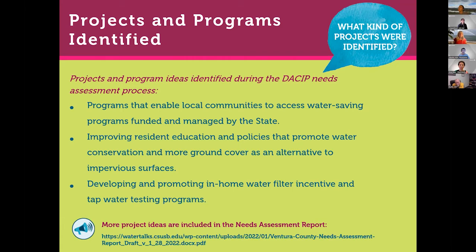Like that last one, developing and promoting in-home water filter incentives and tap water testing programs. If one of you as community members or a community-based organization is interested in that, reach out to us and we can help you develop that into a project proposal for your community.